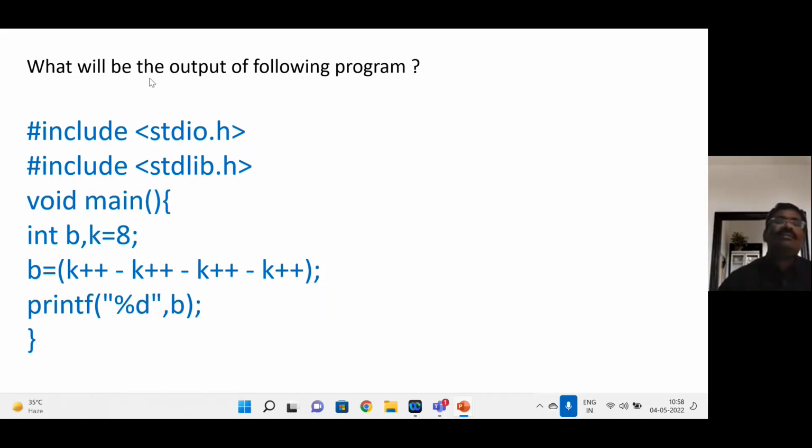So what will be the output of the following program? Here you see #include <stdio.h>, #include <stdlib.h>, void main, int b, k = 8. b = k++ - ++k - k++ - ++k. Here you can see the answer is minus 22.